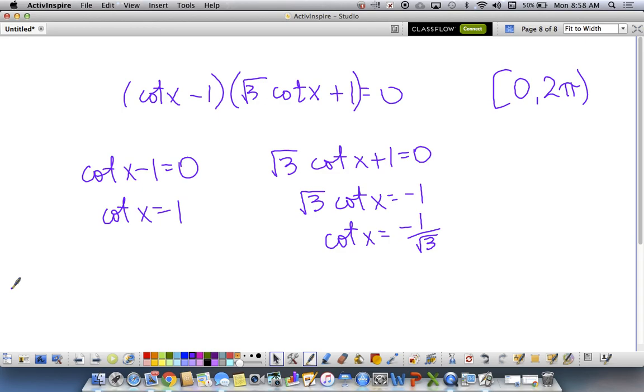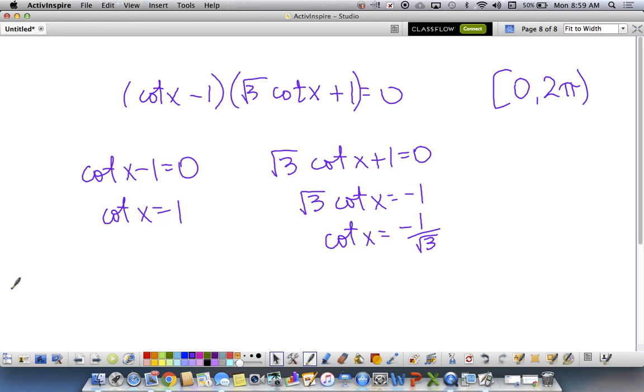At the end, did we get to this point? Cotangent x equals 1. Cotangent x equals negative 1 over the square root of 3. We all get to that point? What's your thought after you get to this point? Draw a triangle. What else?